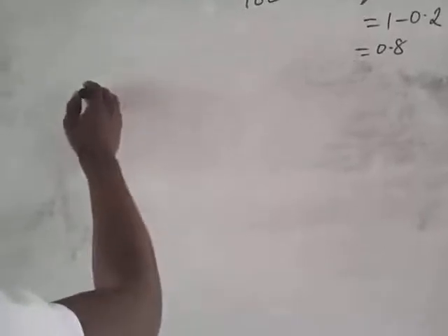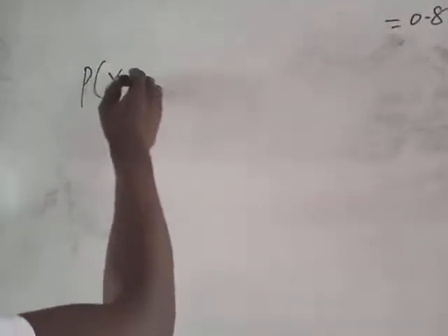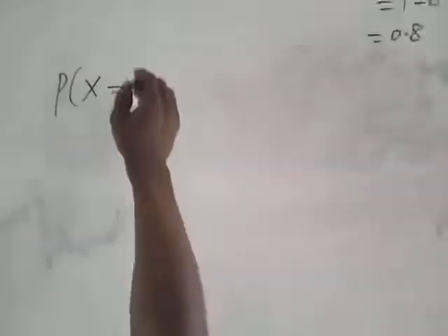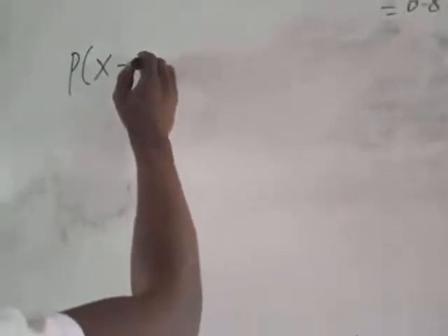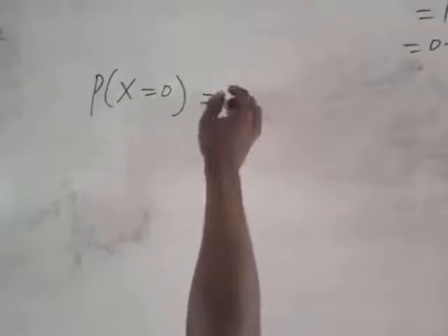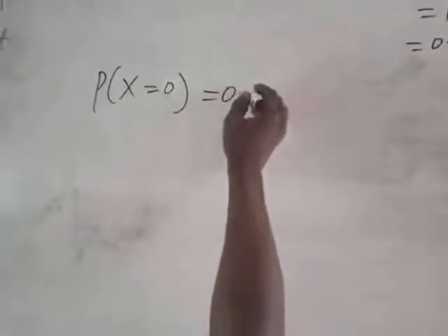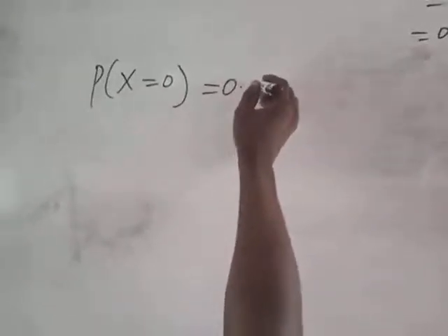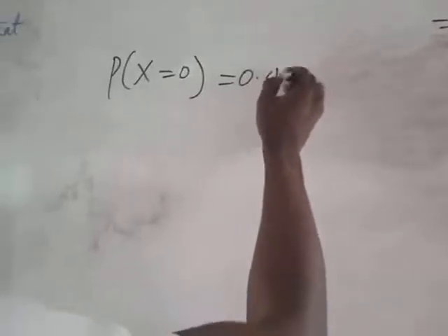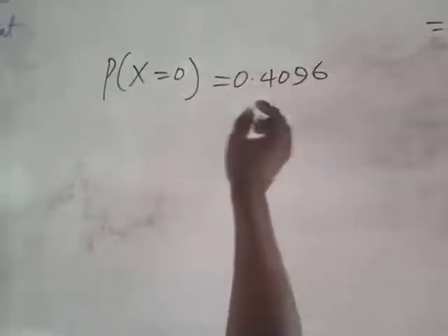So we discover that the probability of x equal to 0 is equal to 0.4096.